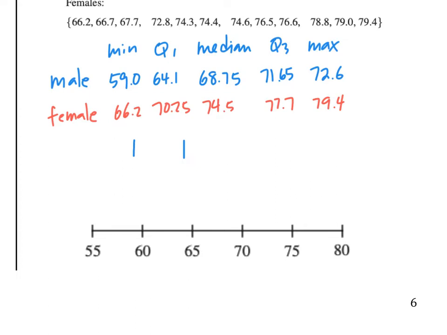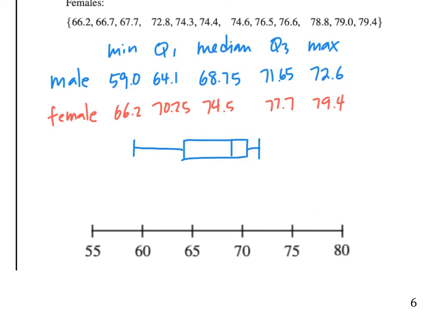Median is 68.75, and then Q3 is 71.65, and then maximum is 72.6. So we have 5 lines here. Between Q1 and Q3, you're going to use Q1 and Q3 to create your box. And then from the middle, you're going to connect it to the top and the bottom. Okay, so this is my box plot for male.